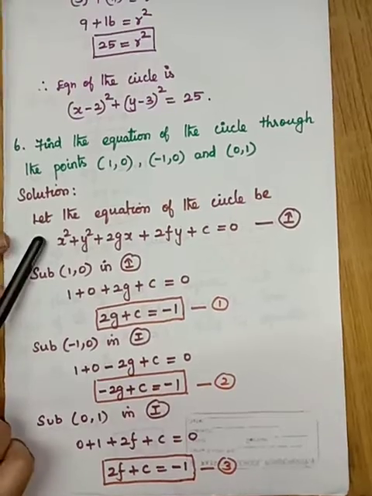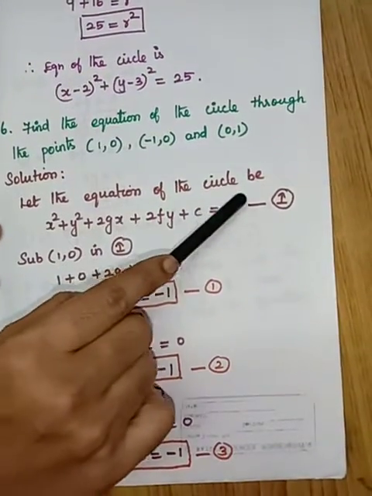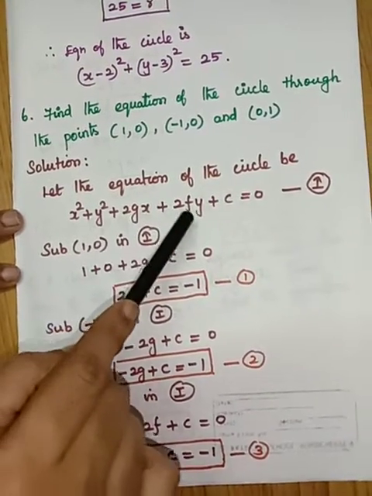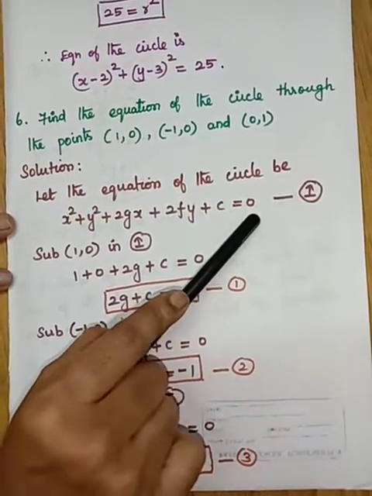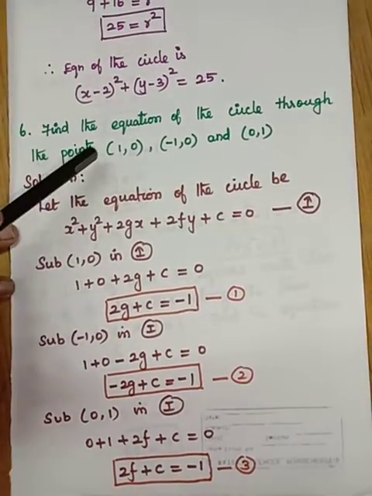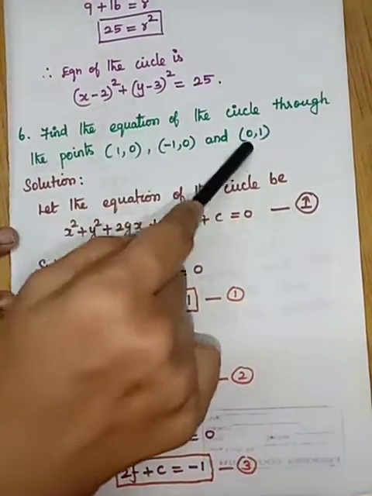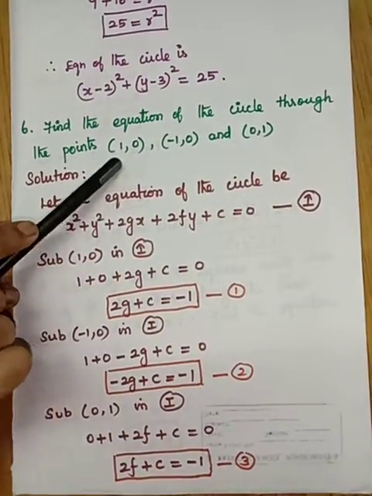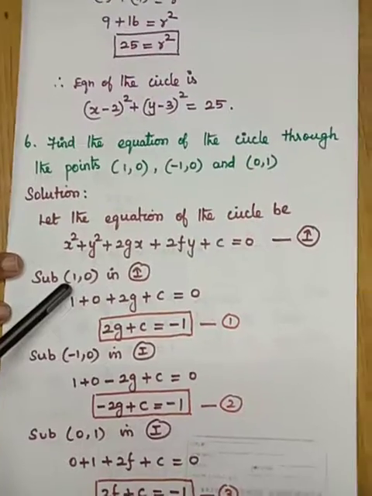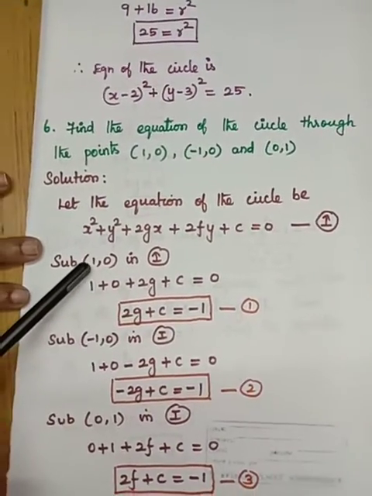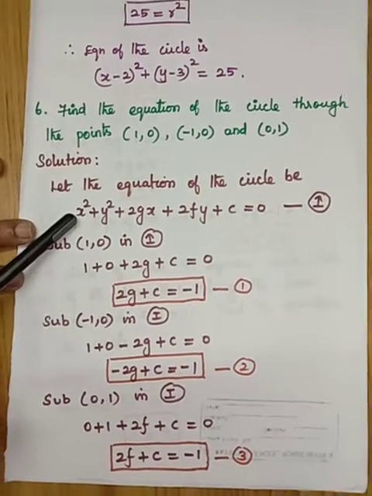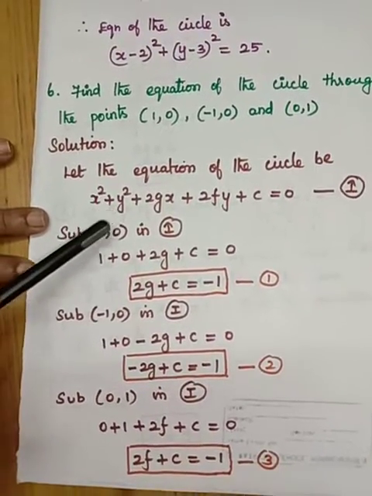So for that we have to take the equation of the circle: x squared plus y squared plus 2gx plus 2fy plus c is equal to 0. The circle passes through the first point, second point and third point. So you have to substitute the first point in the circle equation. What is the first point? (1, 0). So in the place of x, 1, and in the place of y, 0 you have to substitute. Here it is 1 square, and in the place of y it is 0.